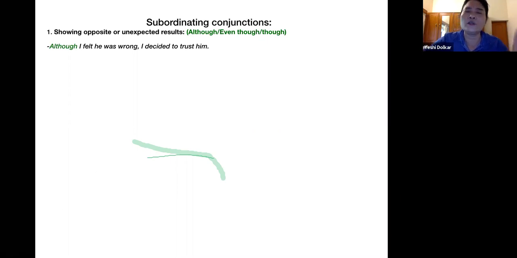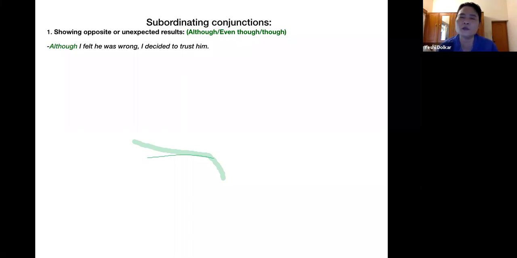So they're moving, the ideas are moving in opposite directions. All right. The results are not expected. They are unexpected results. Although it was raining, I played football. Like rain to the football thing.